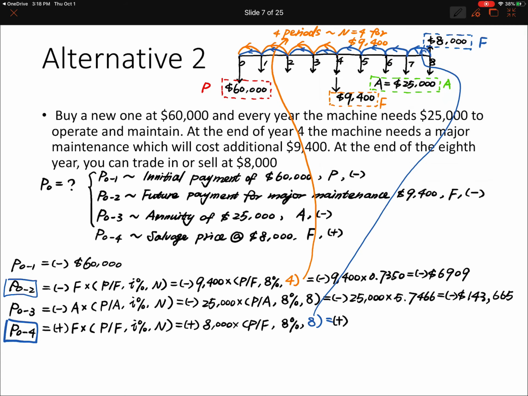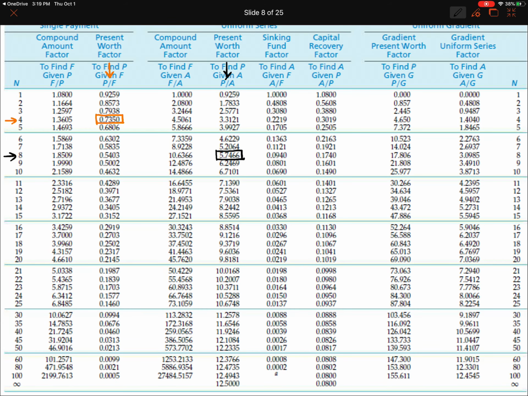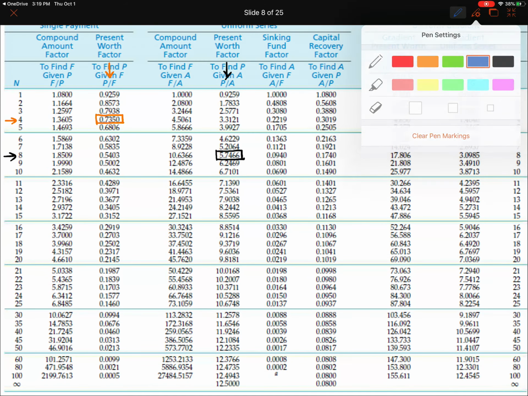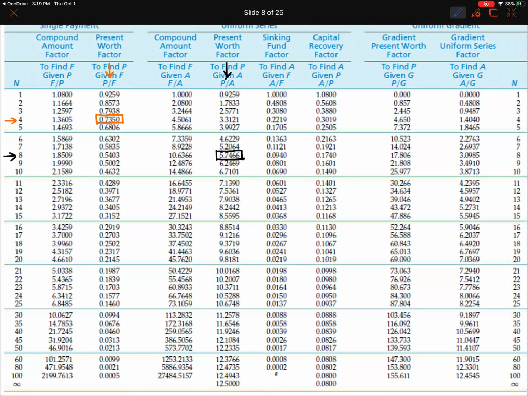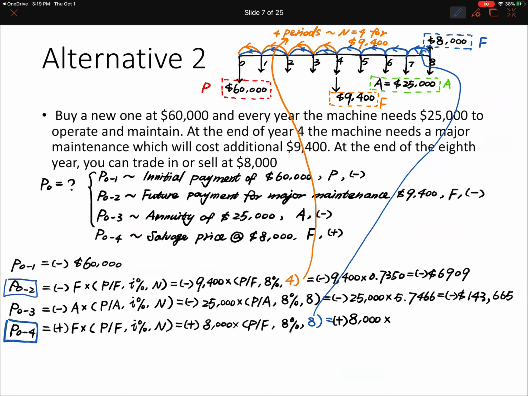And okay, so now let's continue. It's positive, it's a receiving. So 8,000 times a factor. Now let's look at the factor. It's to find the present value given future value. Okay, so this column, but the number of years is 8.